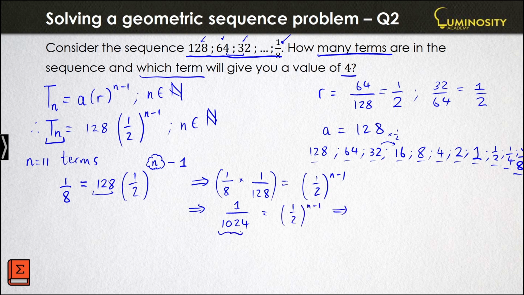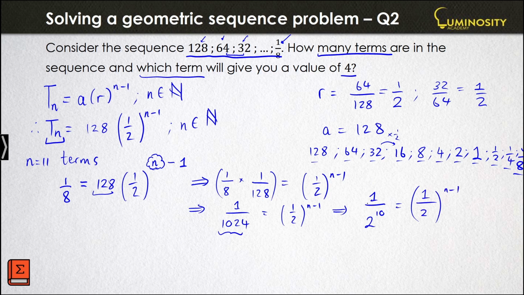But 1024 is a very special number. When we work with exponential equations, we try as much as we can to get the bases matching. Otherwise, we'll have to introduce logarithms to solve for the exponents. But 1024 can be written as a power of 2, that is 2 to the power 10. And that is the same as 1 over 2 to the power 10.